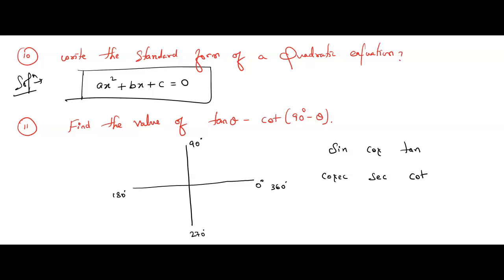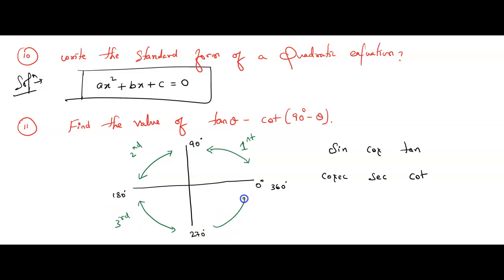You can see here from 0 degree to 90 degree, the area between 0 to 90 is known as first quadrant. Similarly, the area between 90 to 180 is known as second quadrant. The area between 180 degree to 270 degree we call third quadrant.